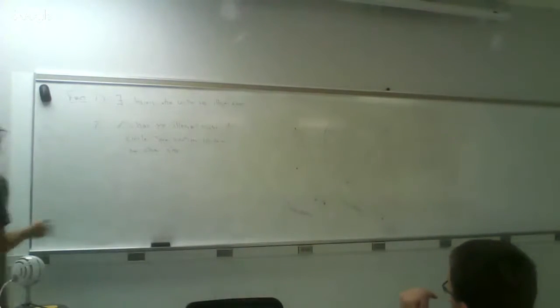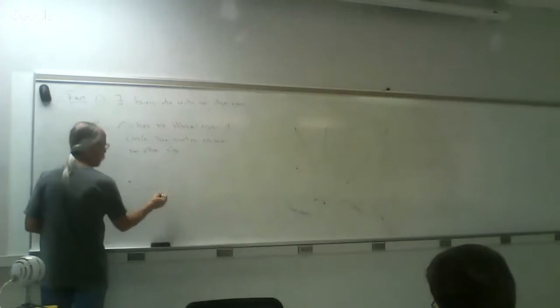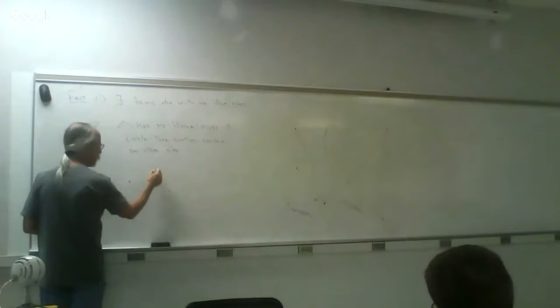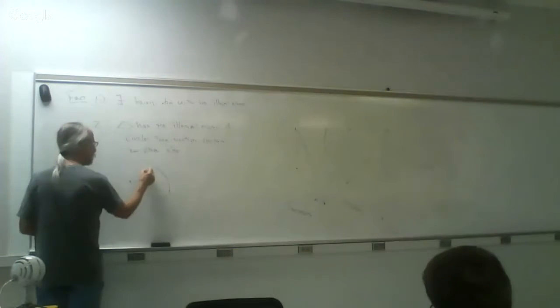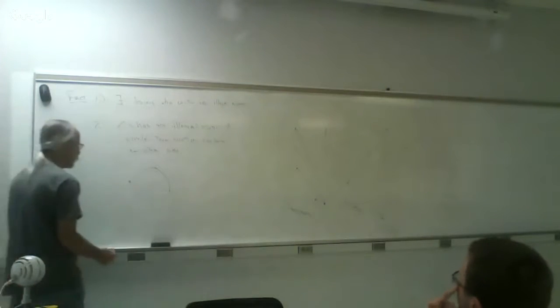By that I mean, here's a triangle, and you can find the circle that goes through 3 points. Can't draw it, but you can find the circle that goes through 3 points.